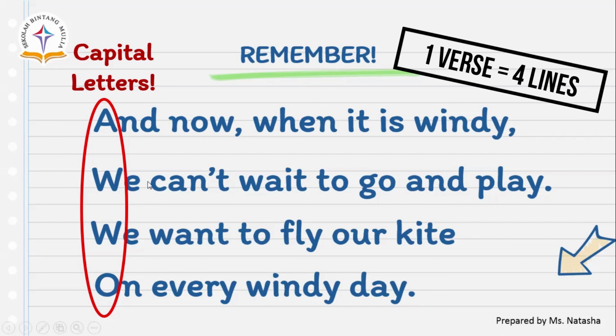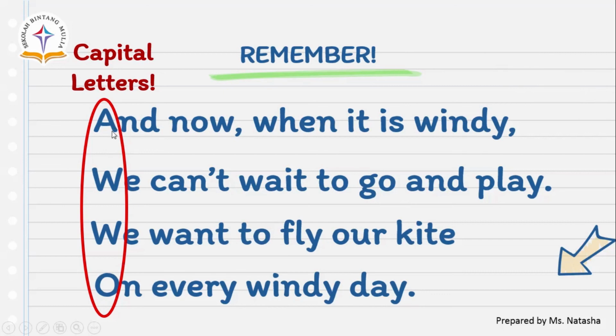Whether or not it's a new sentence, you have to have them in capital letters. Just like the first and second line. They are one sentence actually, right? You see a comma here? They are actually one sentence. But even so, the second line here, the word we, is still capitalized.